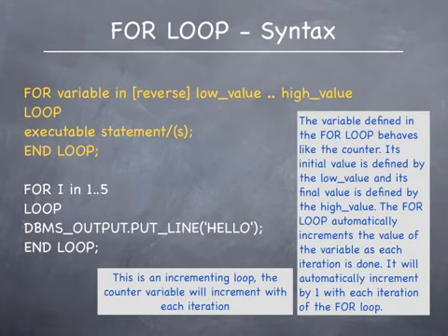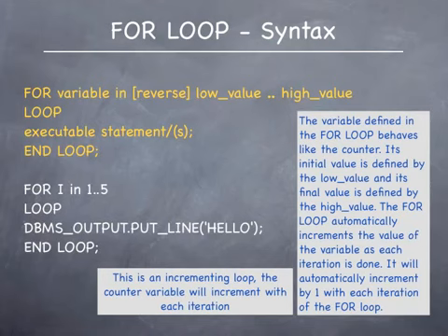There's an example that has been displayed on the slide which is written as for I in 1 dot dot 5 loop DBMS output line hello end loop. The variable that's going to behave as a counter is the variable called I. The I has been declared in the for loop. It's not to be declared in the declaration section.